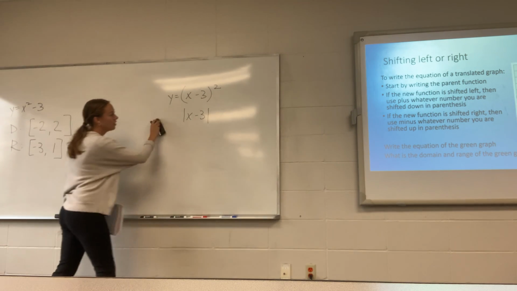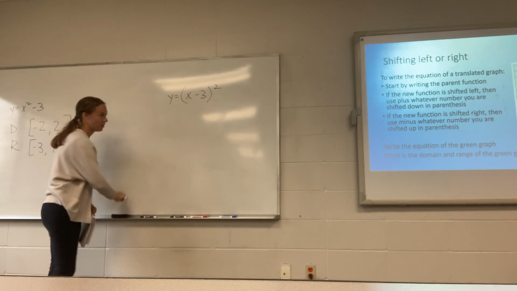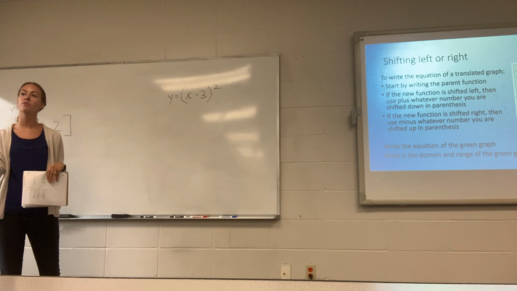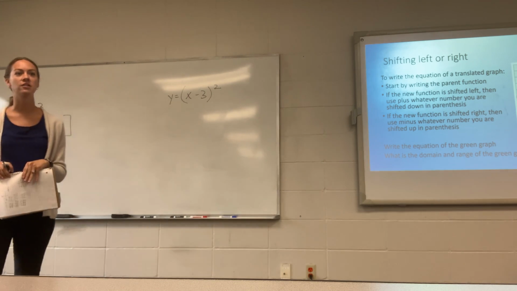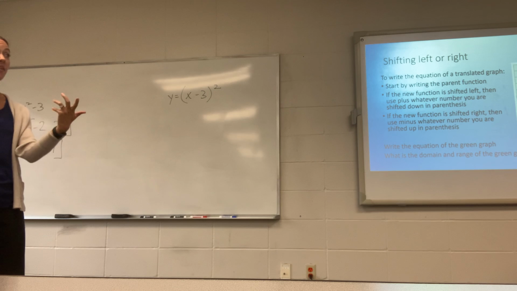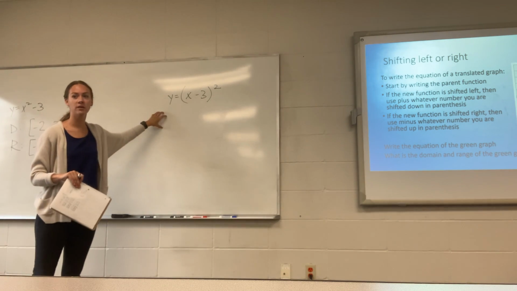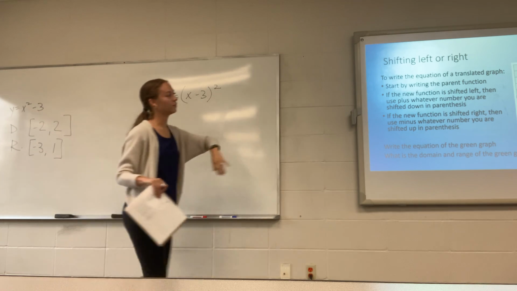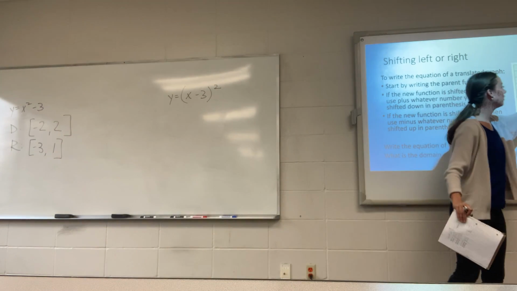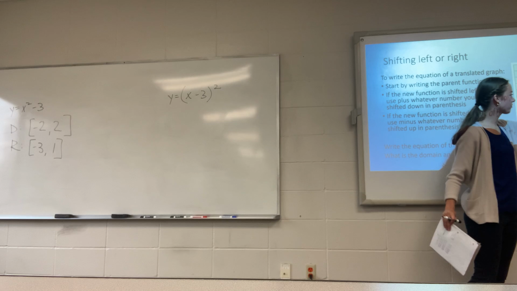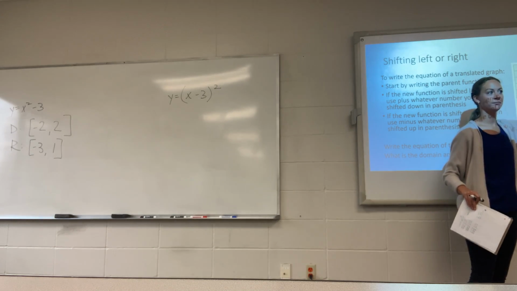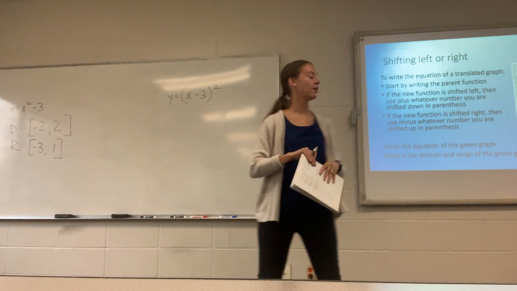Okay, so the reason that it's minus, if we think about solving for x-intercepts like we were talking about on that IXL, when you solve for your x-intercept, we put 0 in for y. Because if we look at right here, this x-intercept's coordinate is at 3, 0, isn't it? It's not up or down or anything.